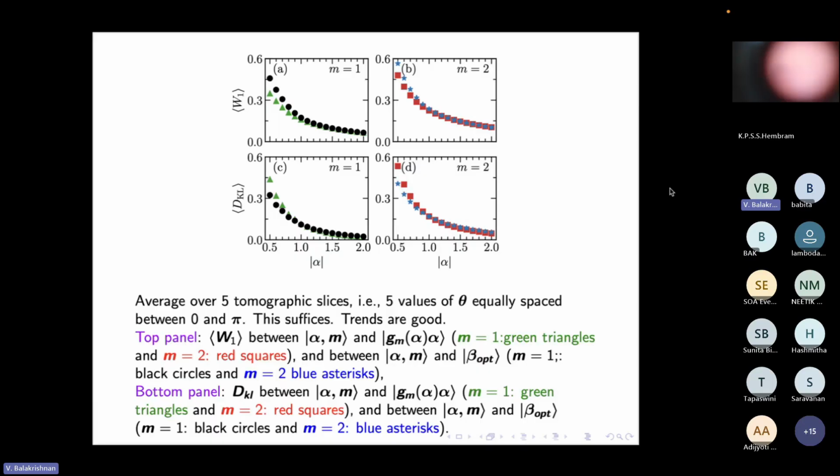Okay. Between alpha comma m and beta opt, it is the black circles and the blue asterisks for m equals 2. The take-home lesson is that the trends captured by these average values of these quantifiers agree perfectly and in fact predict what the experimenter should see by measuring fidelity after state reconstruction.